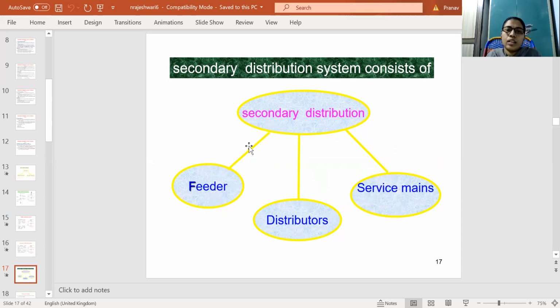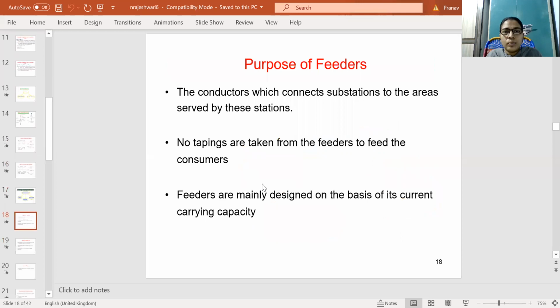From secondary distributions, feeders are connected, and also distributors and service mains. Now we will see what a feeder, distributor and service main are. First of all, we will see the purpose of feeders used in secondary distribution systems.